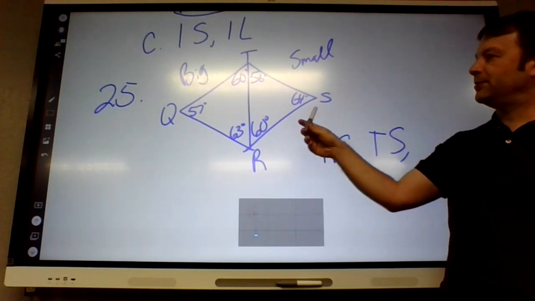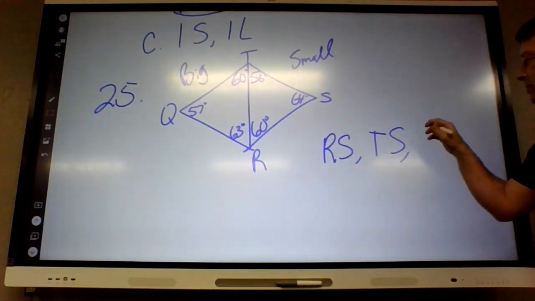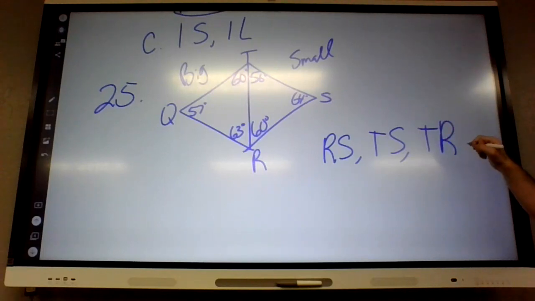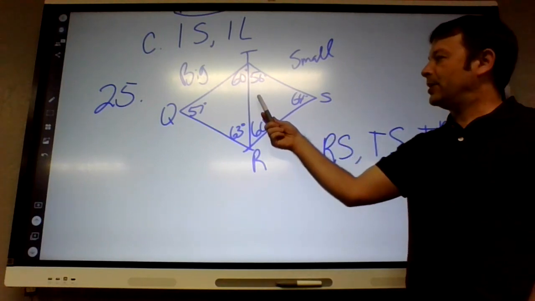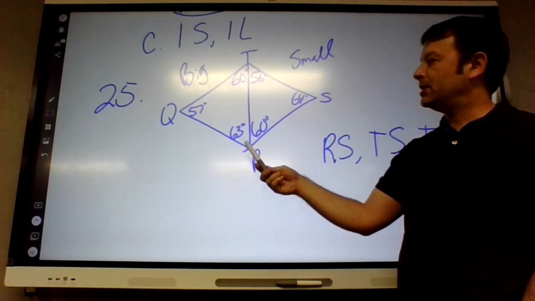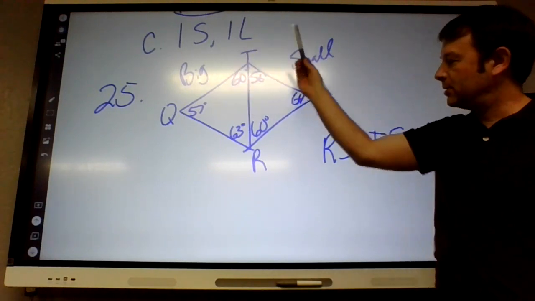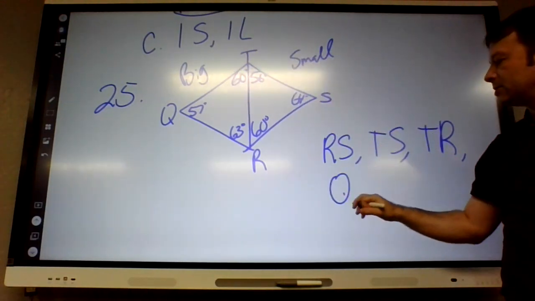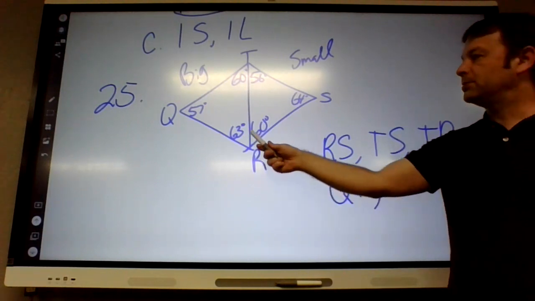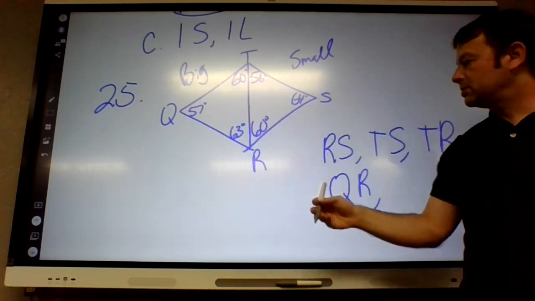The largest side in the right triangle is TR, which is also the small side in the left triangle, so don't write it twice. And then what's the medium in the left triangle going to be? QR. And what's the largest side in the left triangle? QT.